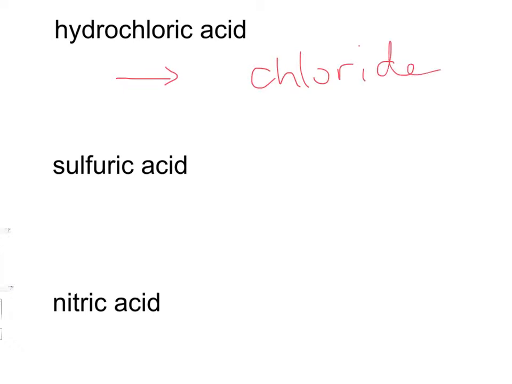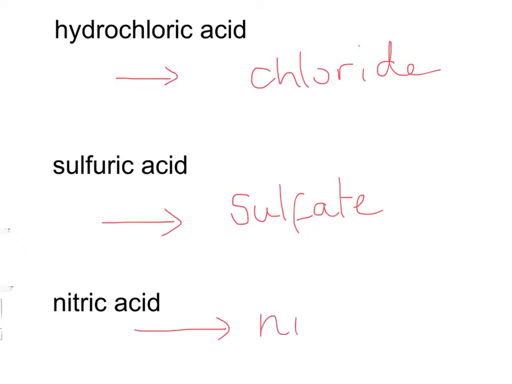So if we react hydrochloric acid with sodium, we end up with the salt sodium chloride. If I react sodium with sulfuric acid, then I make a sulfate. And if I react it with nitric acid, then I make a nitrate.